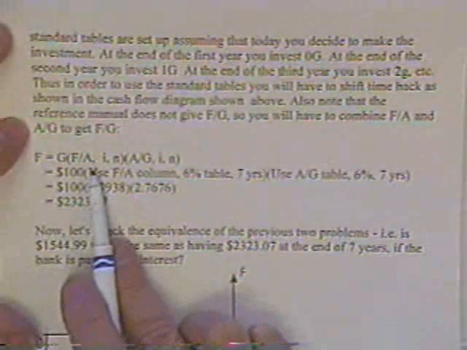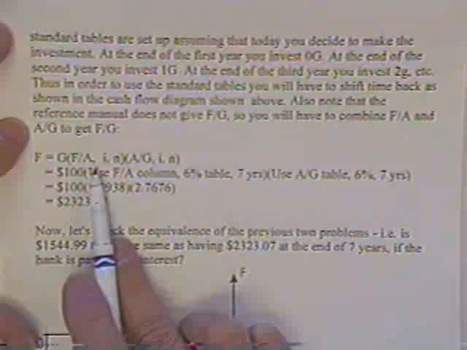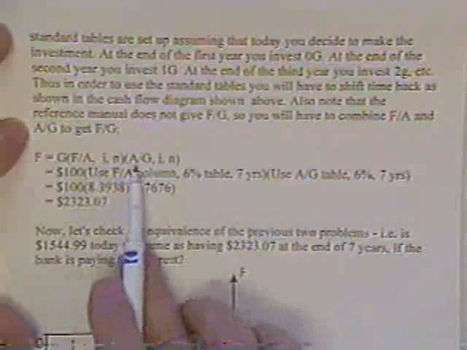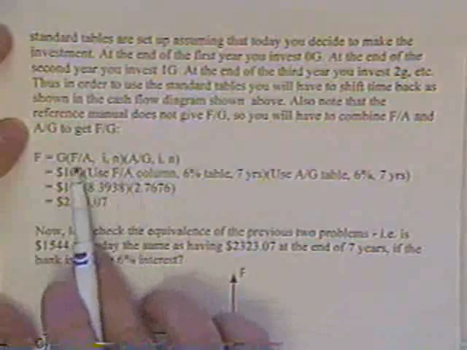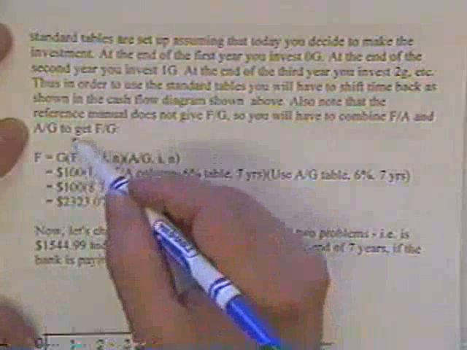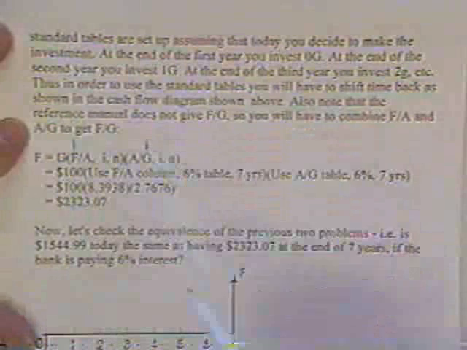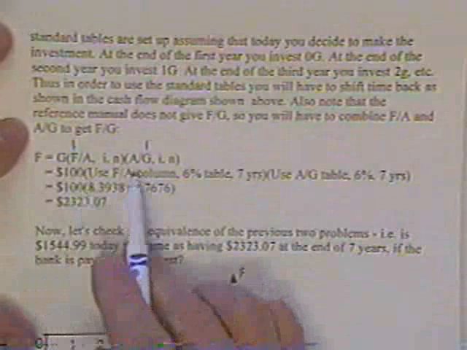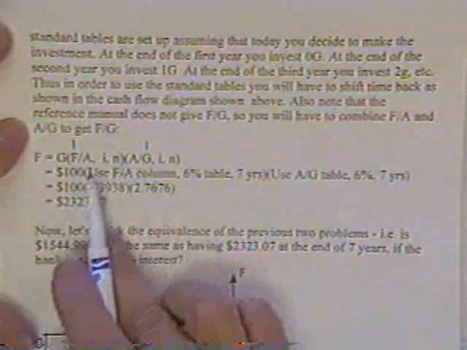He doesn't have a table for F over G. I mean, he doesn't have a column for F over G. So in order to get F over G, in order to get this F and this G in the bottom, you're going to have to use the F over A table, and you're going to have to use the A over G table, multiply the 2 together.